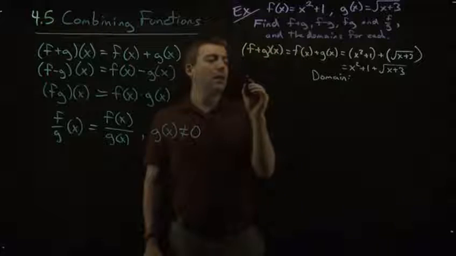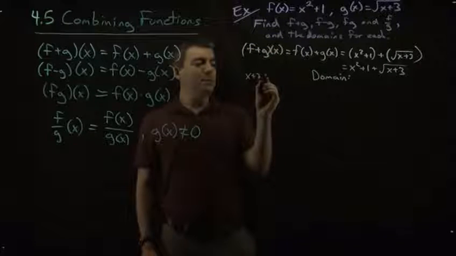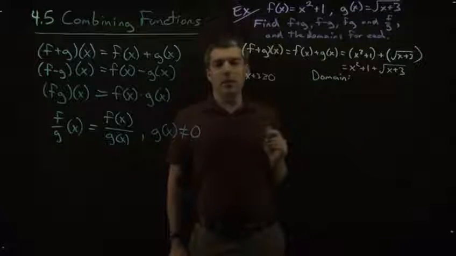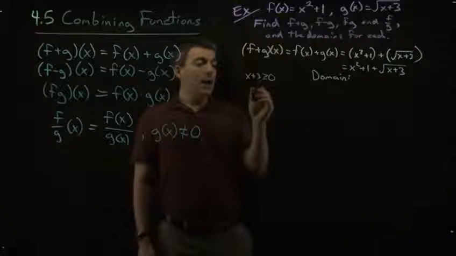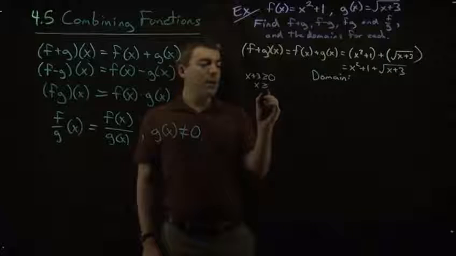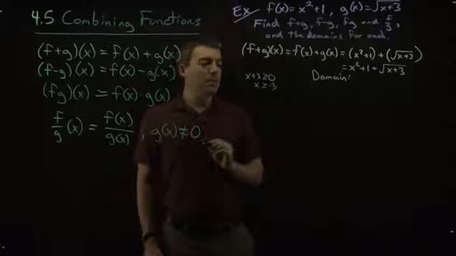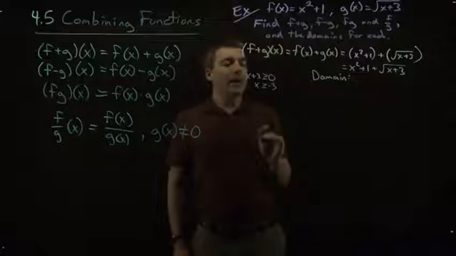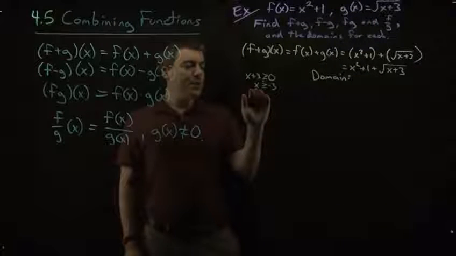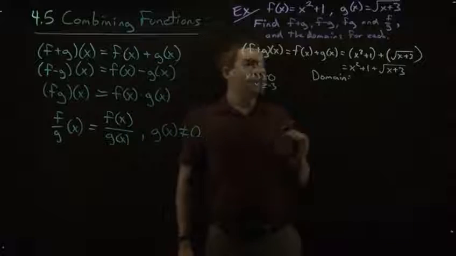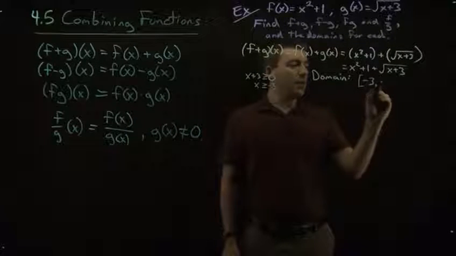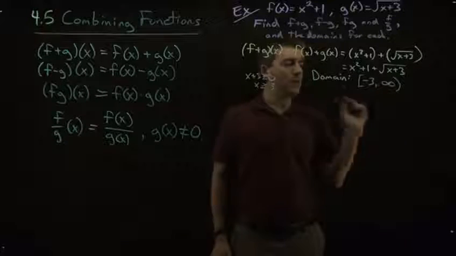So x plus 3 must be greater than or equal to 0. Make sure that we can take the square root of 0. Subtract 3, so x must be greater than or equal to negative 3. So we have all real numbers from f. G of x is all numbers greater than or equal to negative 3, and so the domain must be all numbers greater than or equal to negative 3.